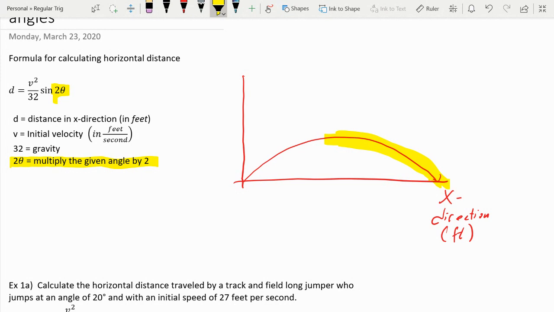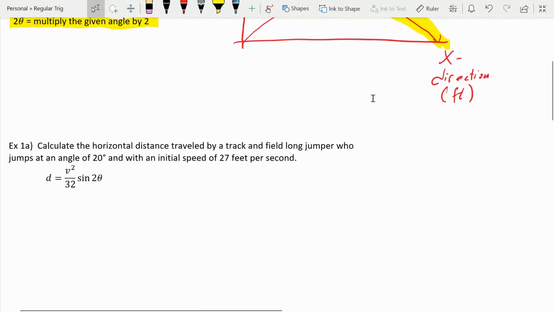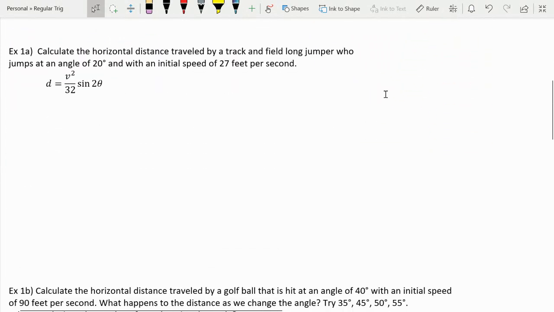Let's get started with example 1. And really, guys, all it is is we're going to keep using this equation over and over. Calculate the horizontal distance traveled by a track and field long jumper who jumps at an angle of 20 degrees with an initial speed of 27 feet per second.